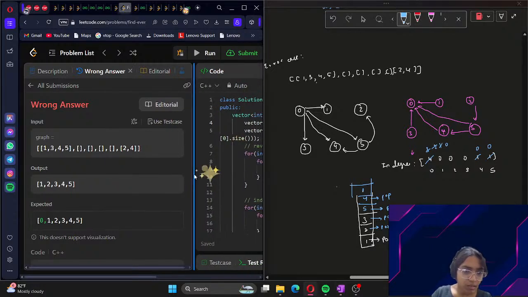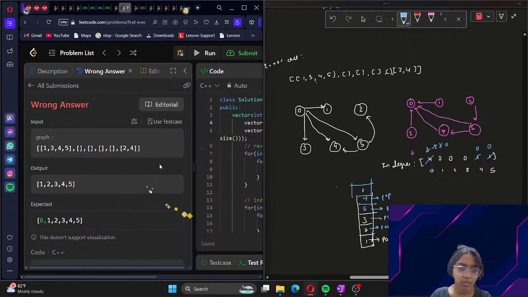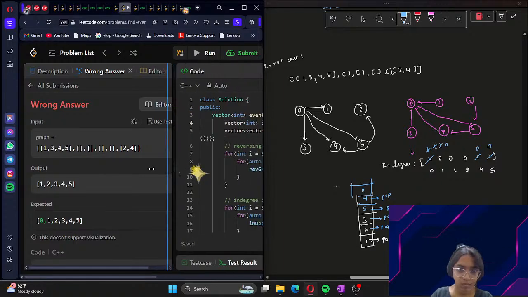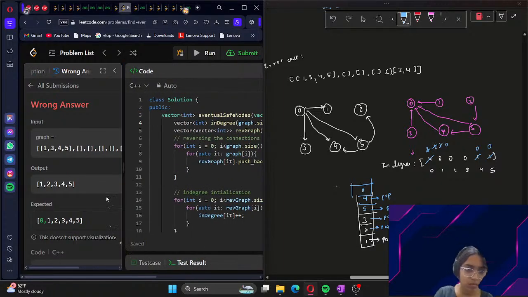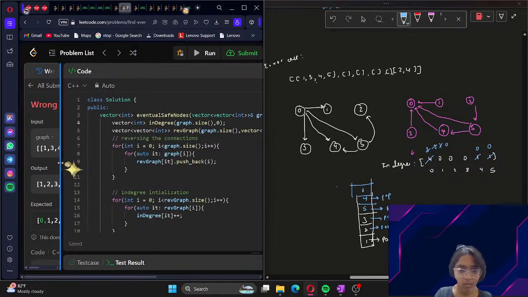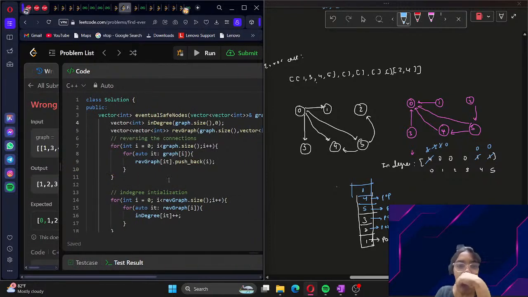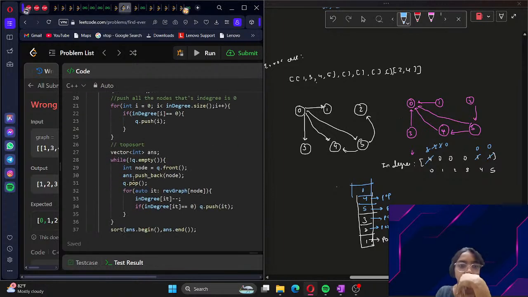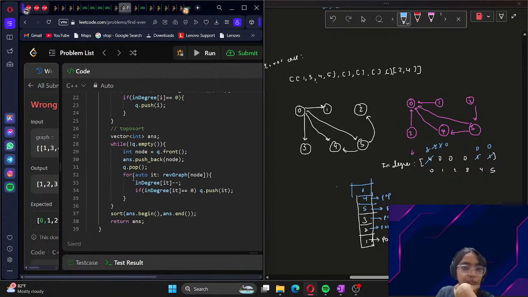And I don't know why it's not showing. We reversed all this, so there is some mistake here only.